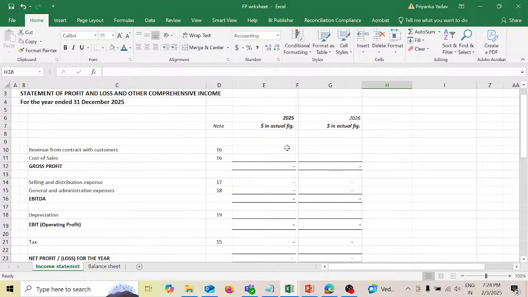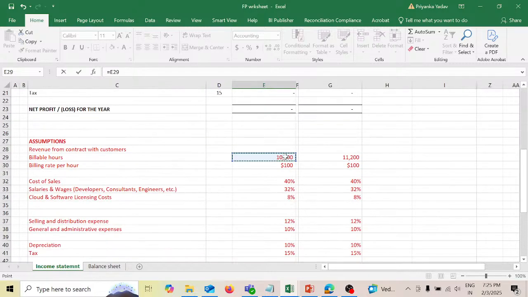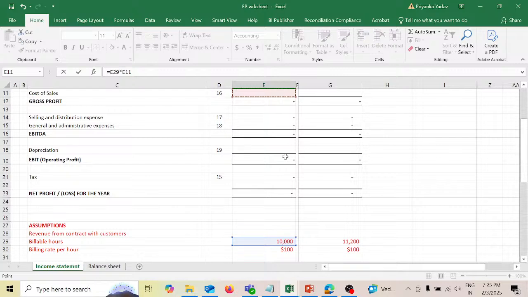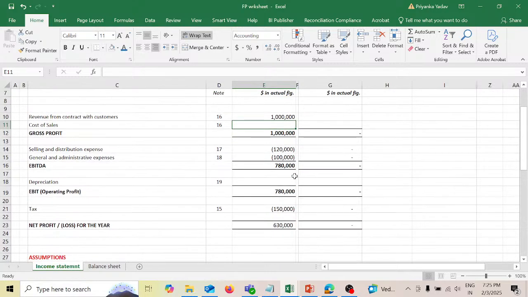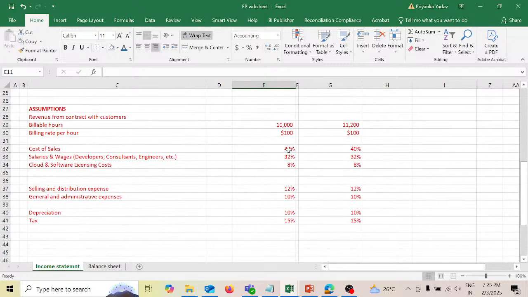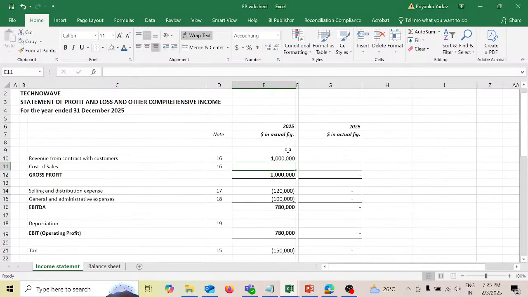Revenue from the customer: your billable hours will be multiplied with the billing rate per hour. Cost of sales over here is 40%, so 40% of your revenue will be your cost of sales.